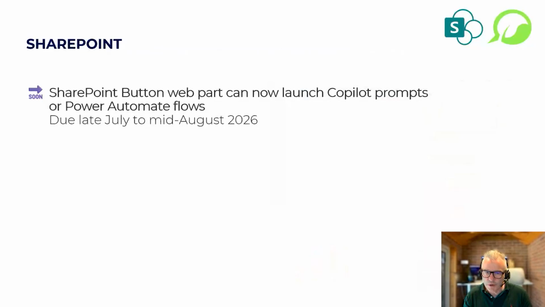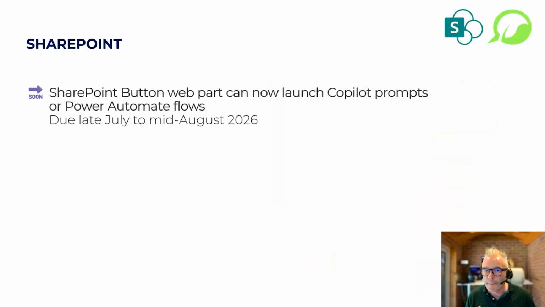But just to talk about this, a button on a SharePoint page can launch Copilot in the panel on the right and launch a prompt that you have set into the button. You might have an induction page for people joining your organization, with a button that says click here to get an overview of the latest updates for recruitment, and then Copilot on the right side will execute that prompt.